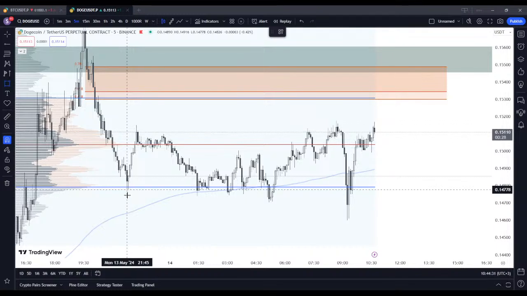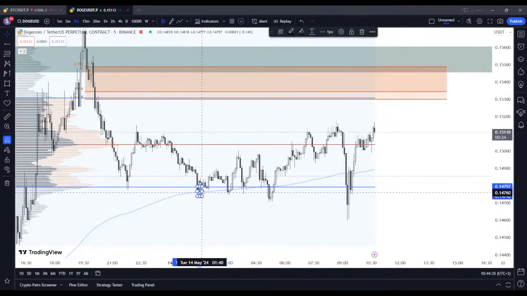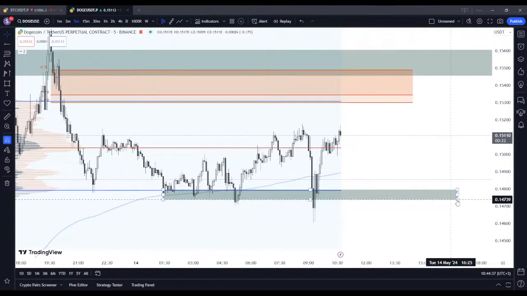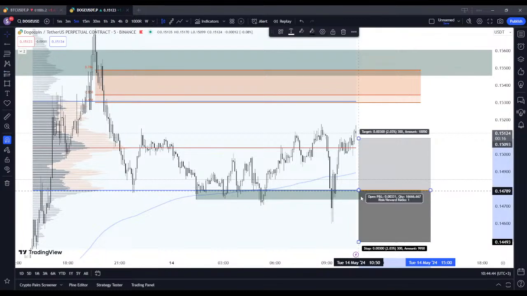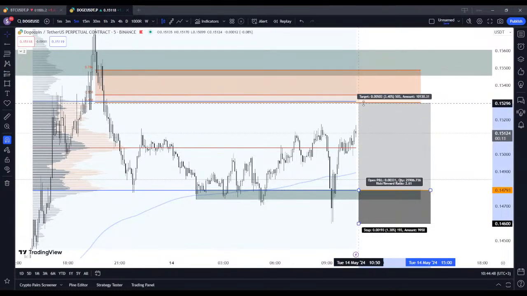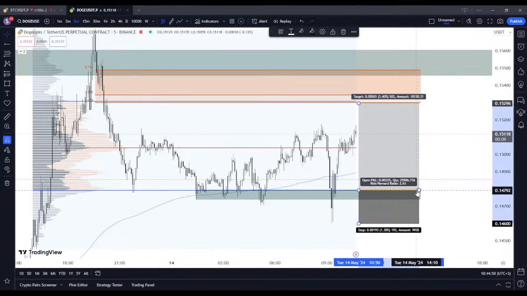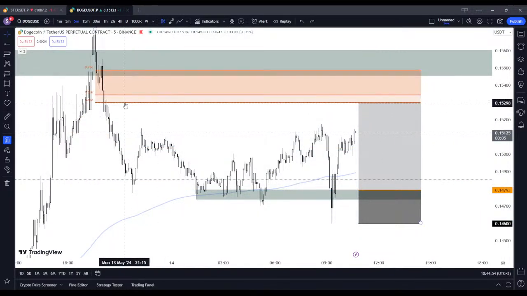But I would like it around here actually. I would like my entry at value area low. I would like something like this. 2.61, not bad. Now let's wait, maybe I get my entry.